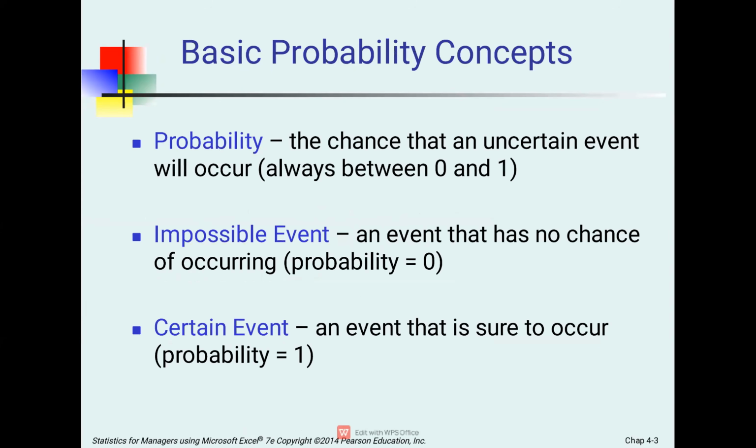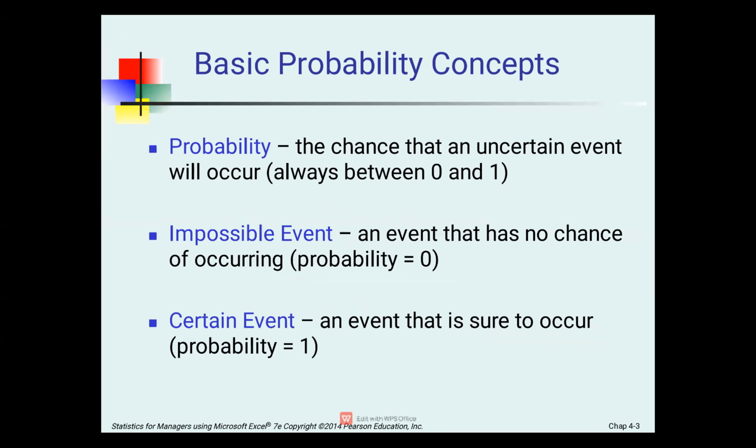So probability will always give us a chance, and it always ranges between 0 and 1. So all the answers that you calculate for probability must be between 0 and what? And 1. If it is a fraction, then the numerator is supposed to be smaller than the denominator. That's what it means.